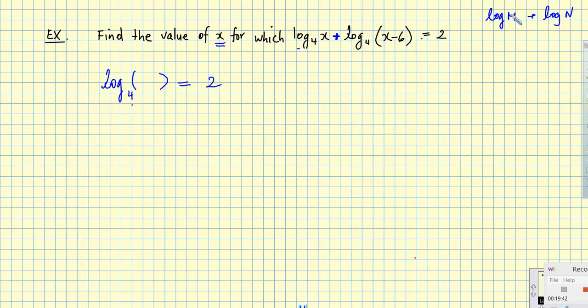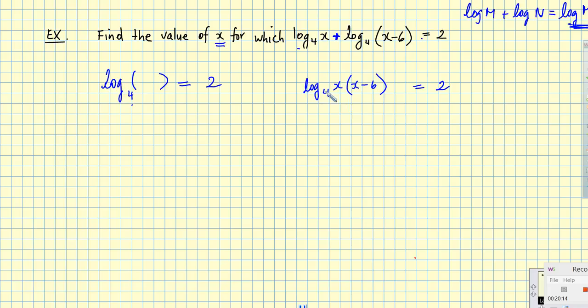the logarithms that we looked at, and I have the log of m plus the log of n, which equals the log of mn. So this is already in the plus form, the added form. So I'm going to switch it into the other form, the multiplication, so that this would become log base 4 of x times x minus 6 has to equal 2.